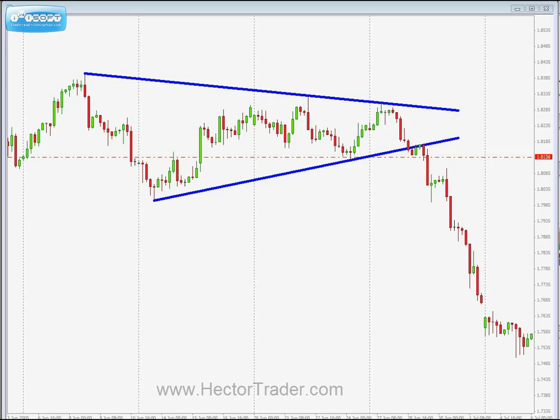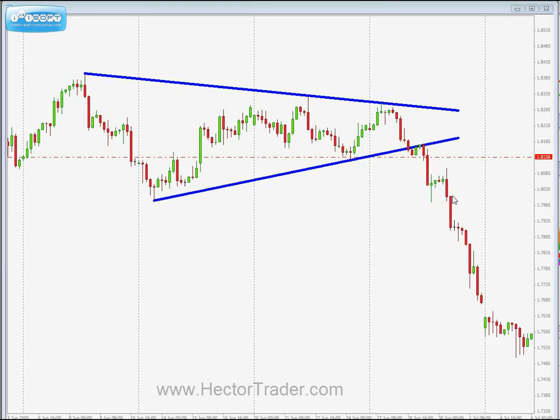And finally, the third reason why this type of setup is a high probability trade is that not only are you trading in the direction of the main trend, not only are you waiting for the right time to enter, but you are also waiting for the confirmation of the breakout. The confirmation comes in the breakout pullback continuation pattern, once you confirm that previous support becomes resistance.